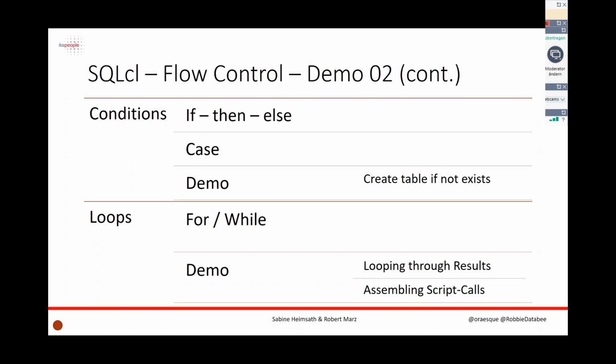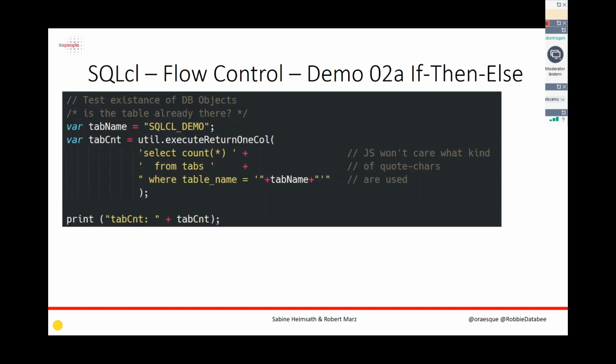You can load other files, so you're much more flexible than you used to be. And Robert, I think, is going to show some of the use cases. Okay. So let's start with if then else and see some examples of how these kinds of things can work.